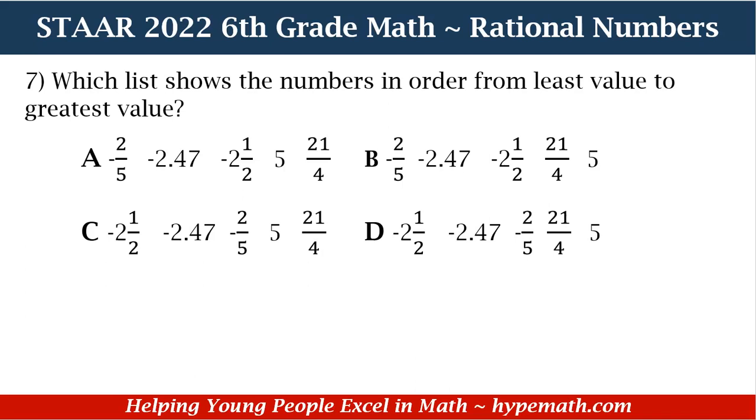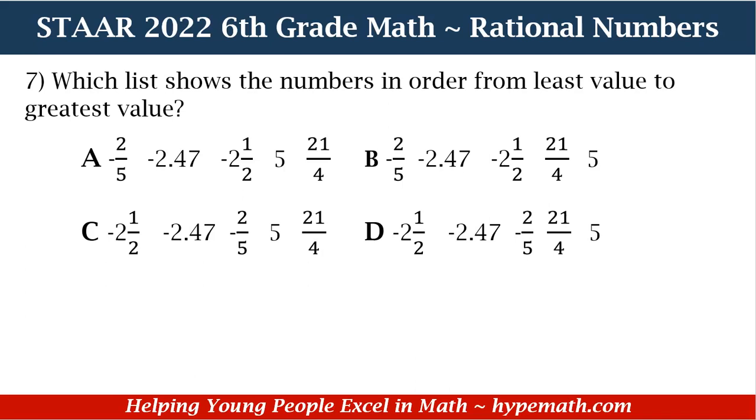Number 7 says, which list shows the numbers in order from least value to greatest value? Is it A, -2 fifths, negative 2.47, negative 2.5, 5, and 21/4? Is it B, -2 fifths, negative 2.47, negative 2.5, 21/4, 5?